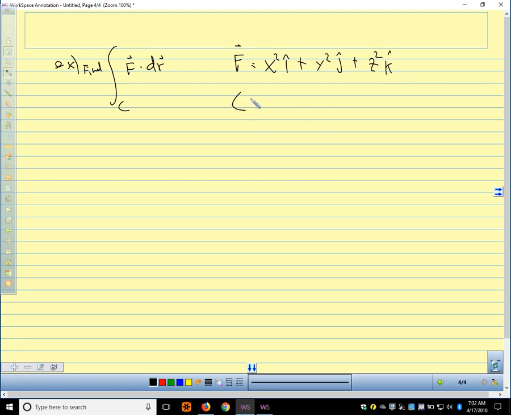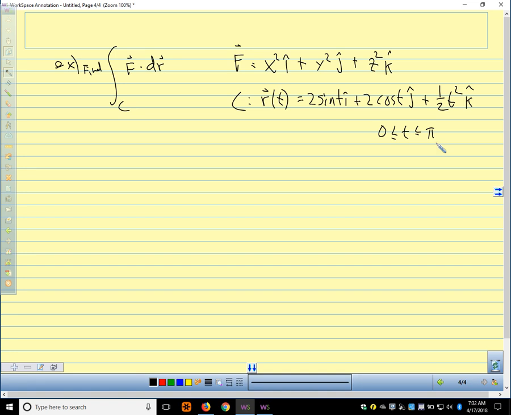And our curve is parameterized for us already: 2 sine t i hat plus 2 cosine t j hat plus 1/2 t squared k hat, with 0 less than or equal to t less than or equal to pi.